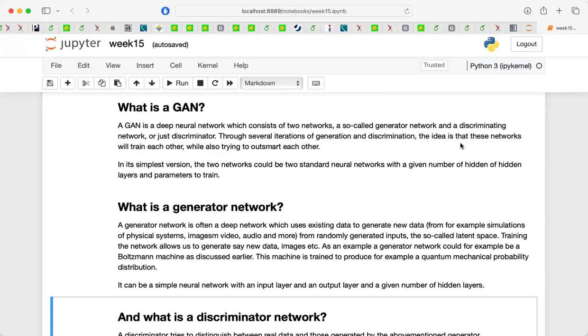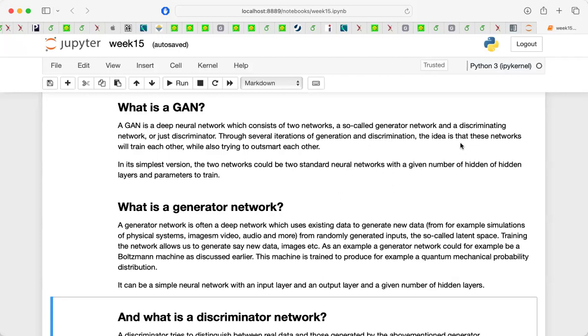Welcome back after a small break. So the aim here is to give you a brief overview and introduction of generative adversarial networks. And this is something which, as you can see from the slides here, has quite an interesting background story.